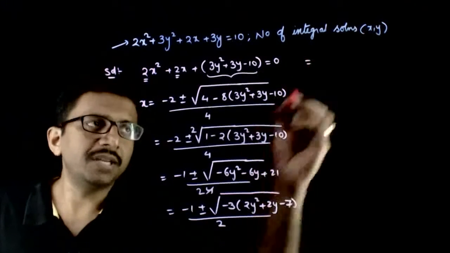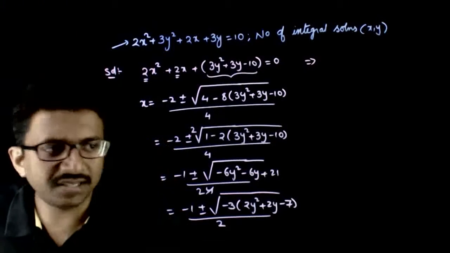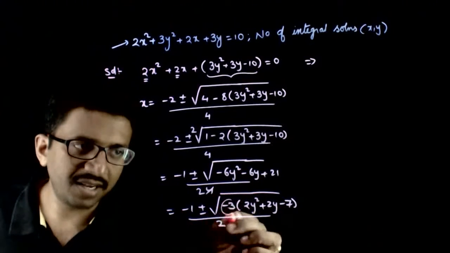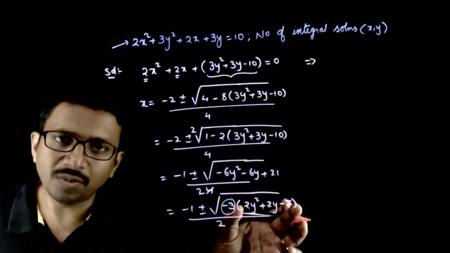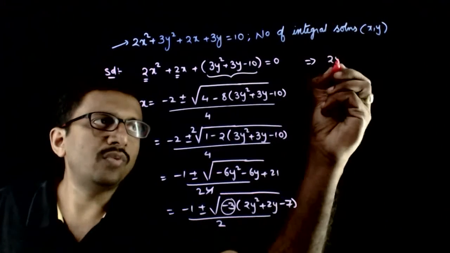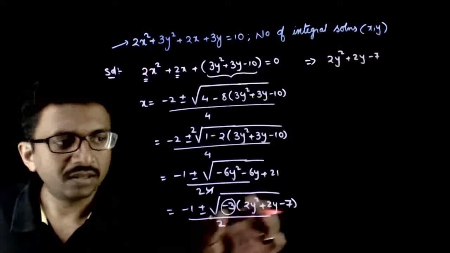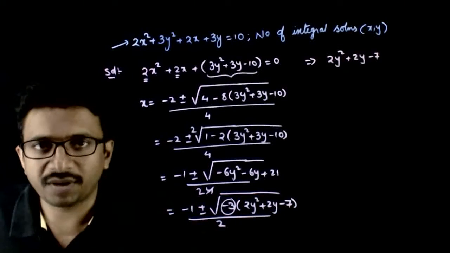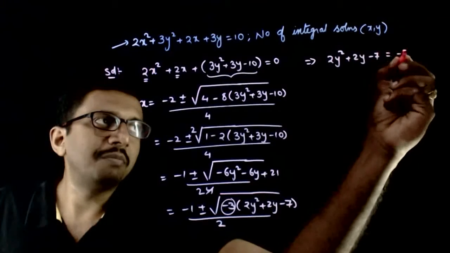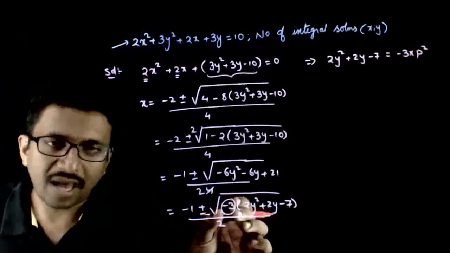Now x has to be an integer, so this whole term under the root has to be a perfect square. You have a −3 here, so −3 into this integer, 2y² + 2y − 7, has to be a perfect square. So the expression inside the bracket should be equal to −3 times some other perfect square, because you have a −3 here.